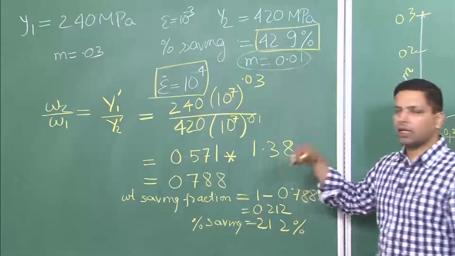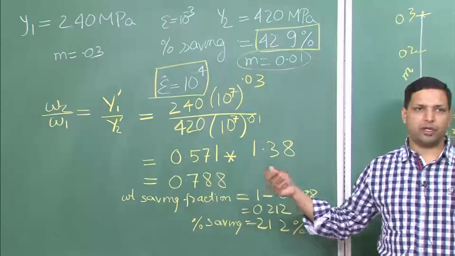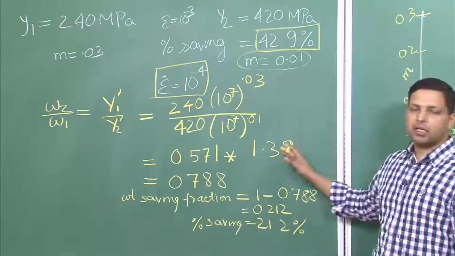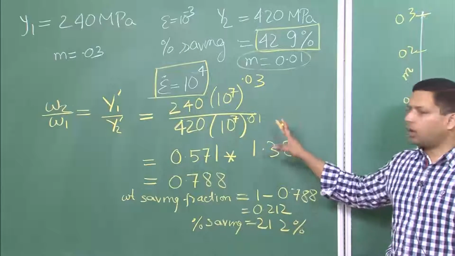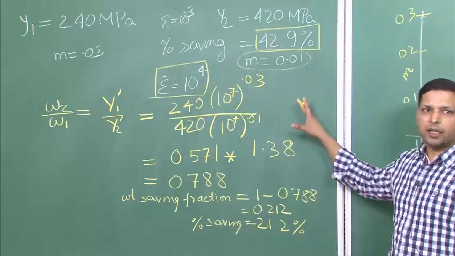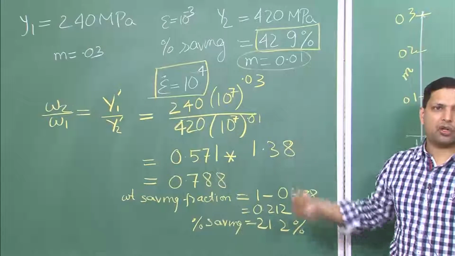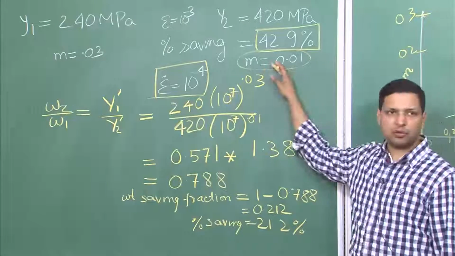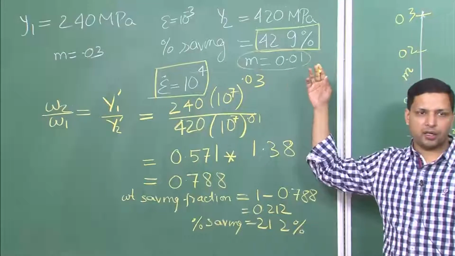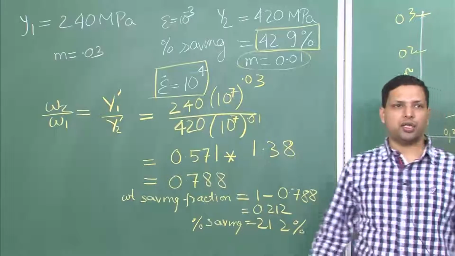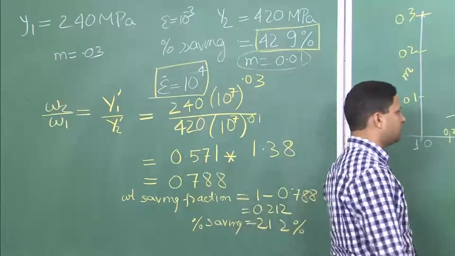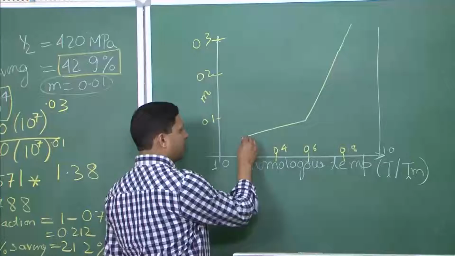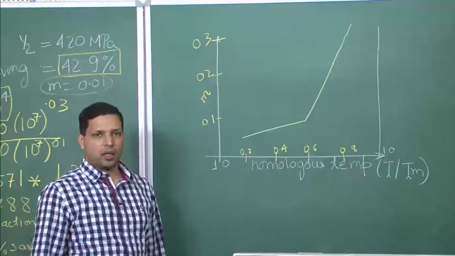Now, if we make it a little bit more complicated, for example, if we were talking about components in an aerospace engine or aerospace material, then the temperature would be much higher, or for example, a nuclear reactor, the temperature would be higher, and therefore, the m values would again be very different. So, here the calculation would again change by a large magnitude. Therefore, temperature is also another important parameter.